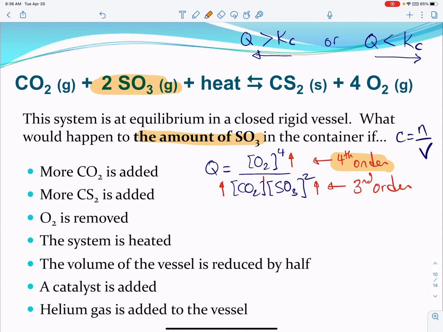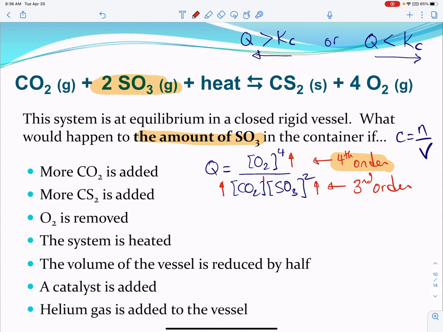So that tells me that the numerator will get even larger. While both the top and bottom increase, the top increases even more because it's got a higher order. So if it's going to increase even more, then Q will get larger. You have a larger numerator, Q will get larger.